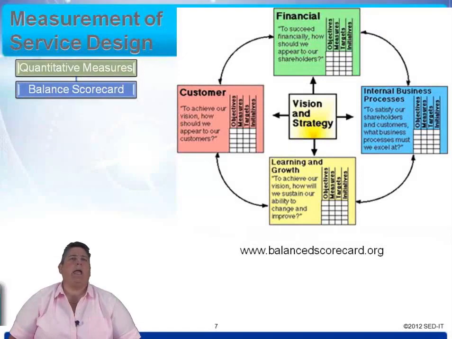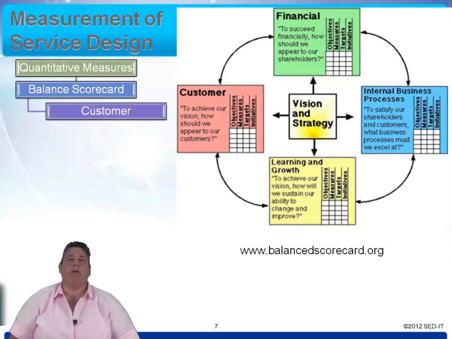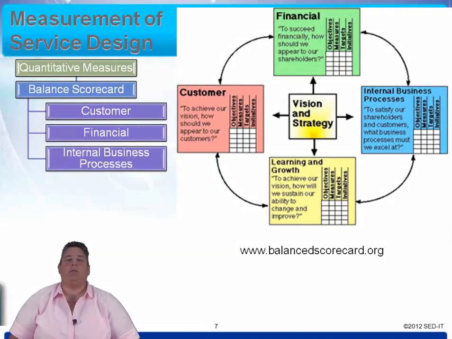Once we've deployed, we have to have a way of measuring our service design activities. What's shown here and on the next slide are two quantitative measures. The balanced scorecard has four areas that present information that gives senior managers an overview picture of organizational performance.